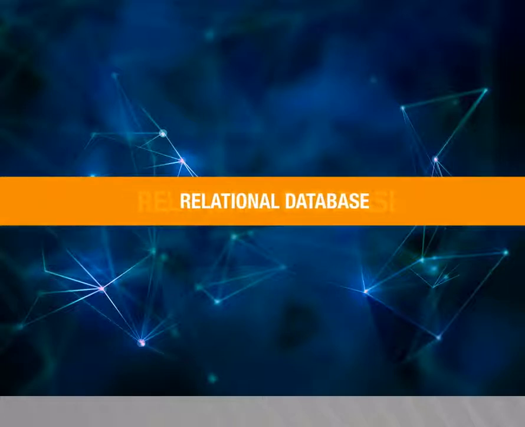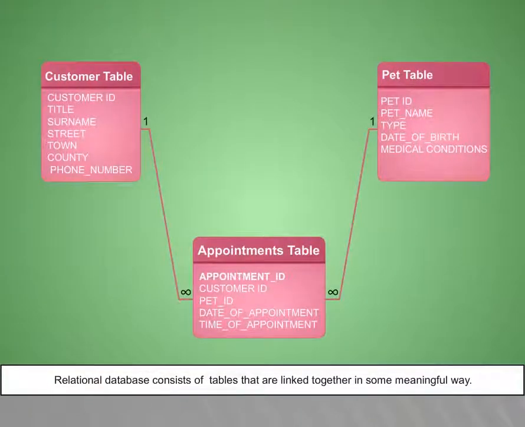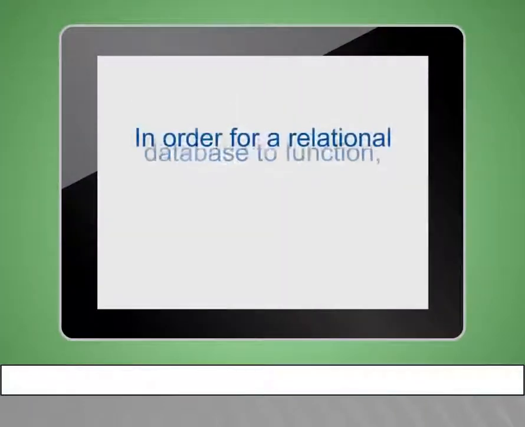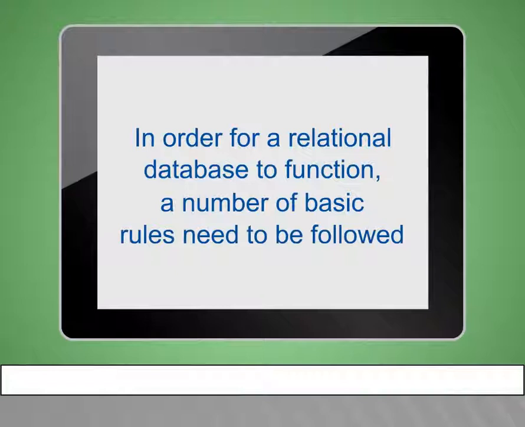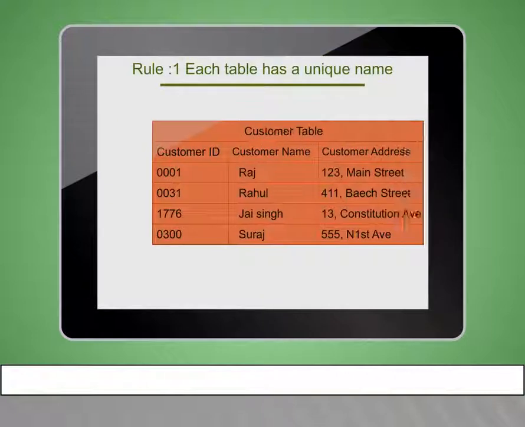Relational Database. In this video, we are going to see about Relational Database. A relational database consists of tables that are linked together in some meaningful way. In order for a relational database to function, a number of basic rules need to be followed. Rule 1.